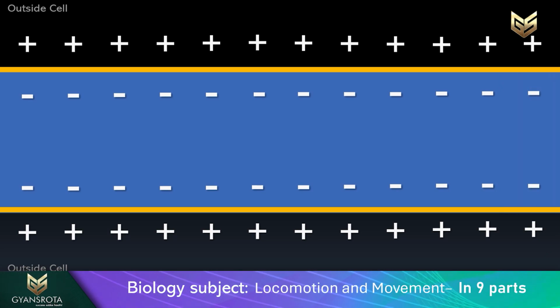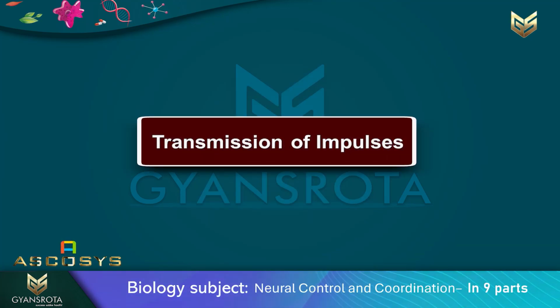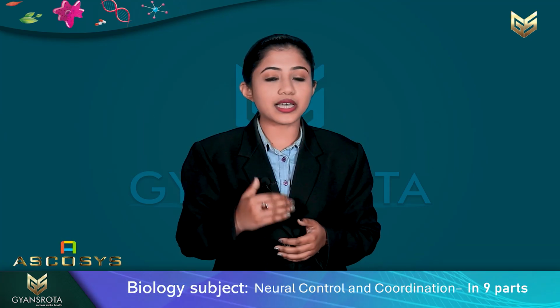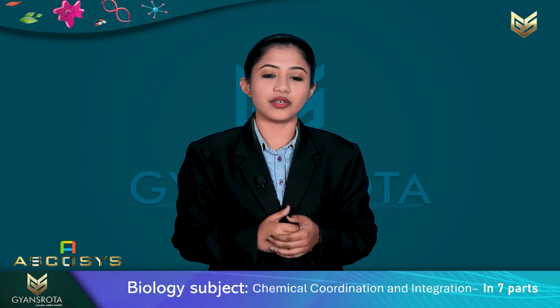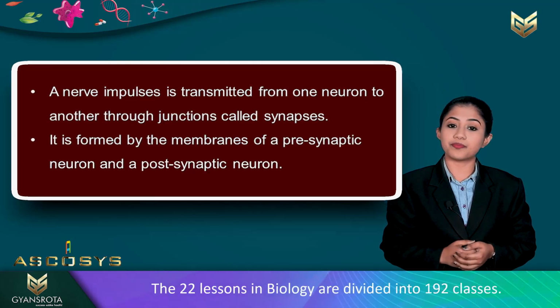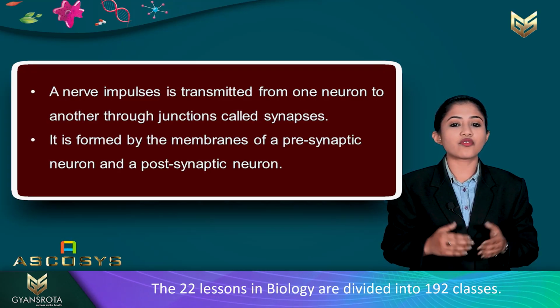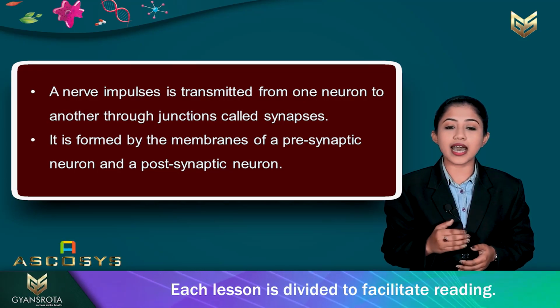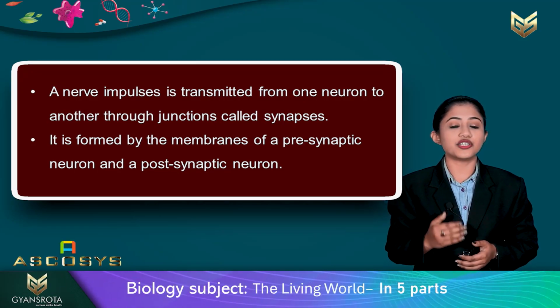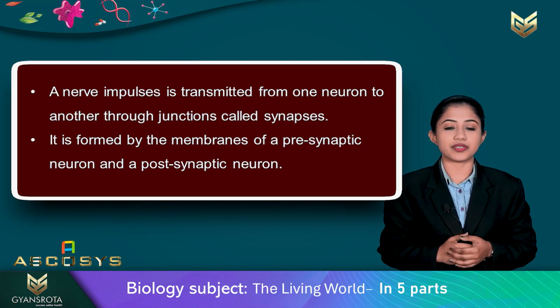Now, you have understood about this. Next, I will discuss the transmission of impulses. That means how the impulses will travel from one neuron to another neuron. A nerve impulse is transmitted from one neuron to another through a gap, also called a junction, called the synapse.